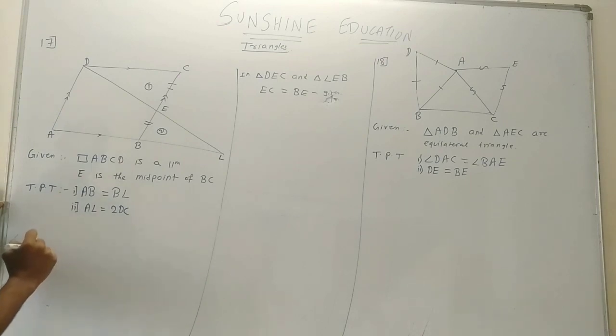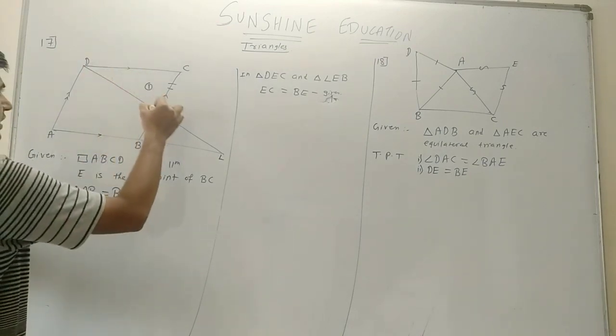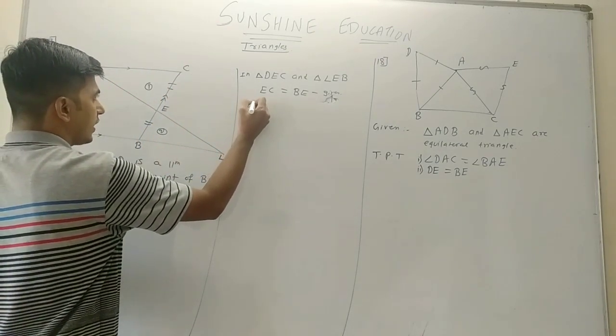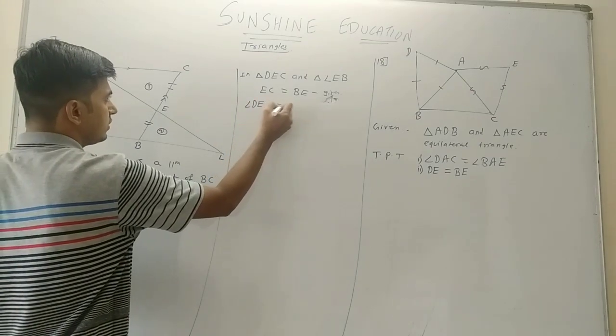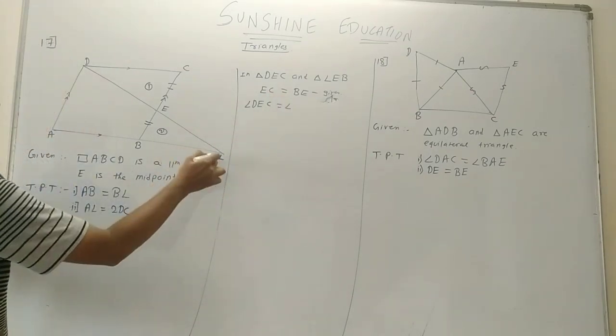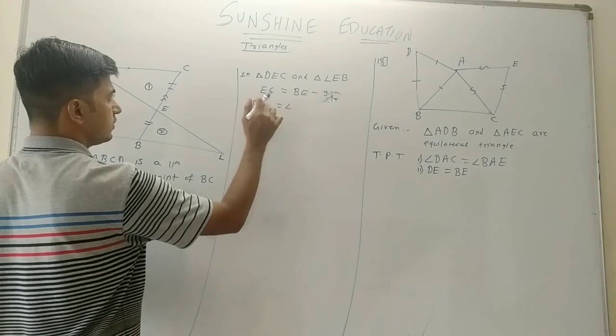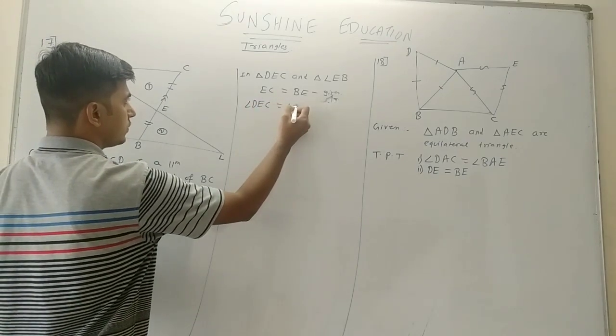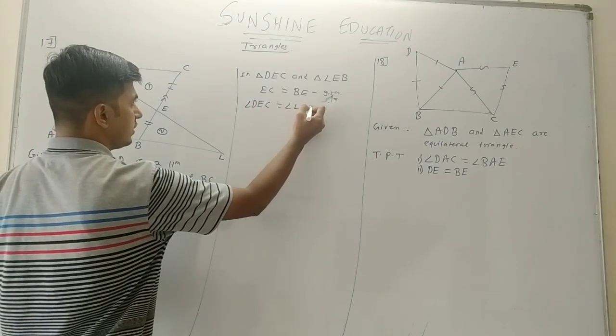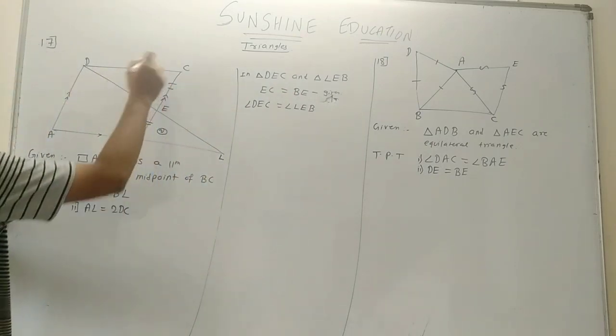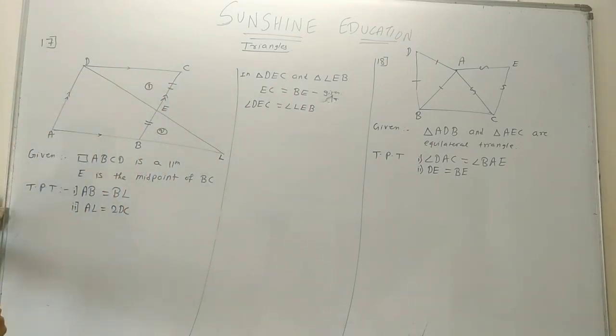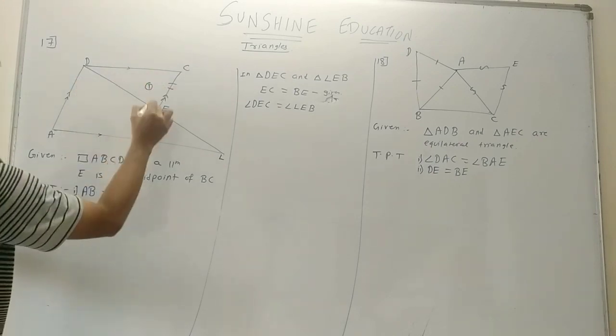Okay. Now we know that angle DEC is equal to LEB, and we know that angle DCE.